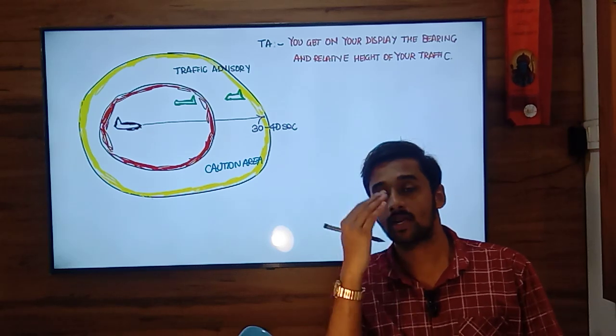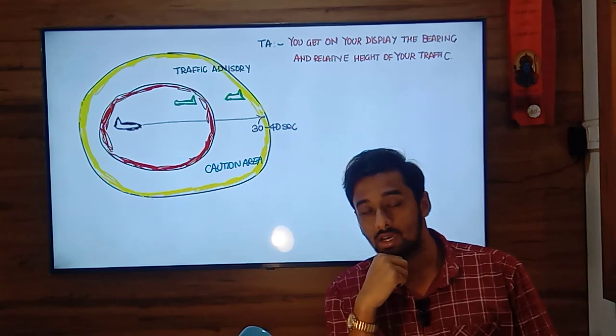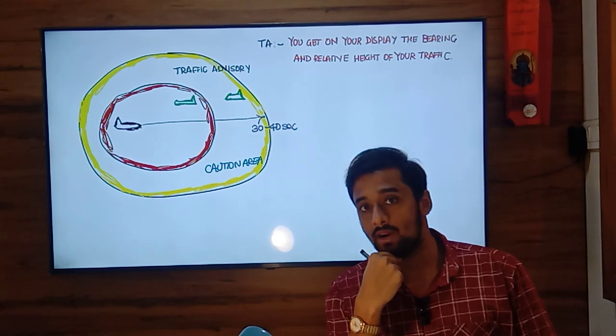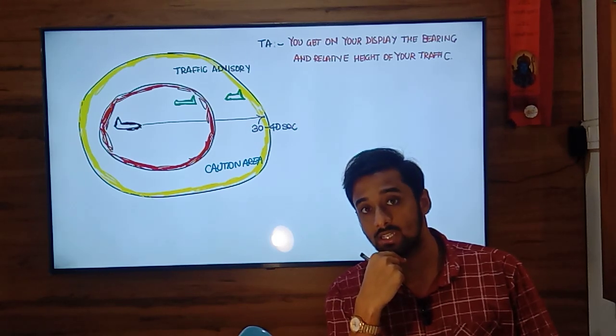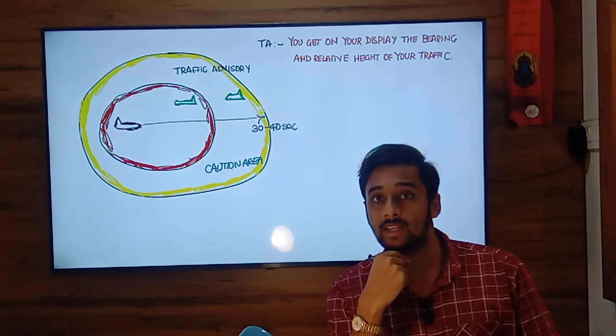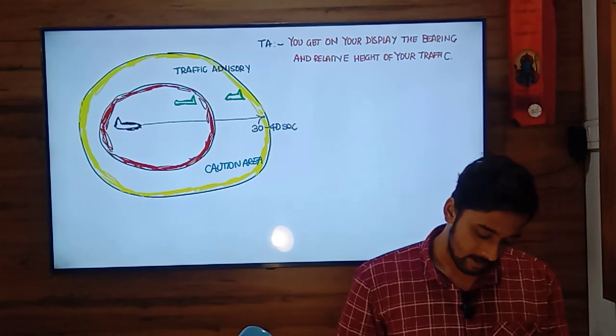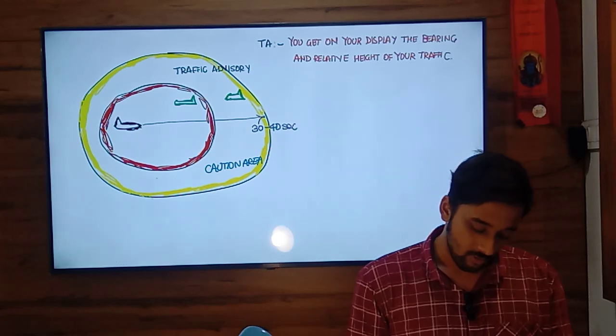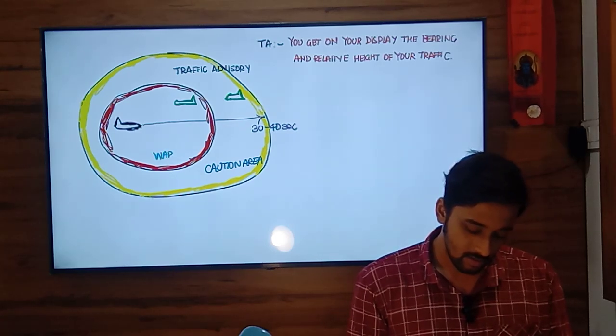The height relative to you is very close. So this bubble will be called the warning area. Now the situation has become more unsafe, or there might be a possibility of threat.